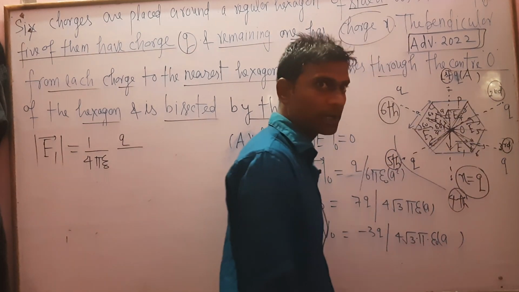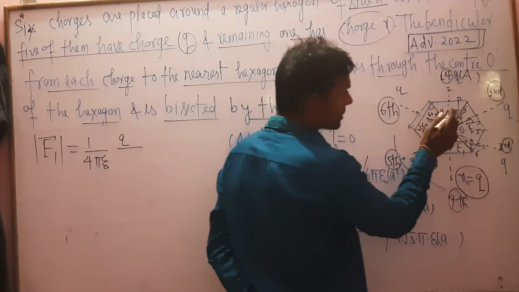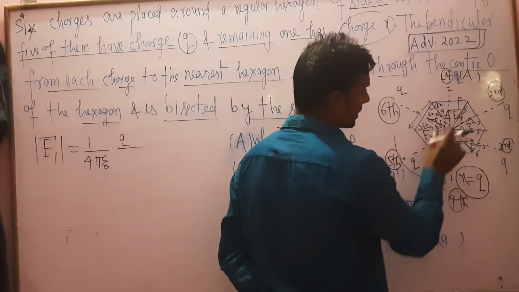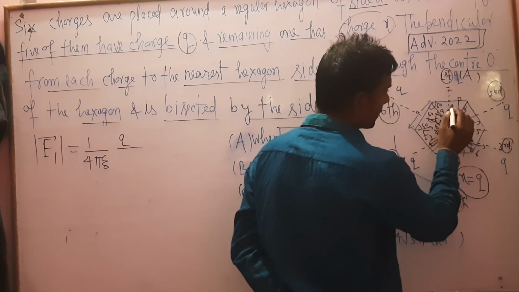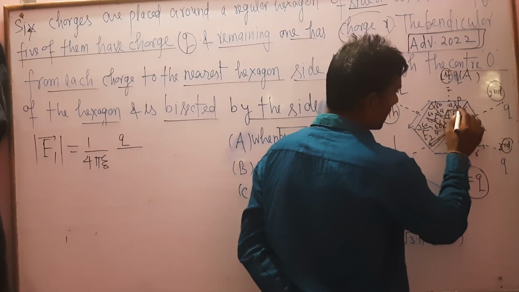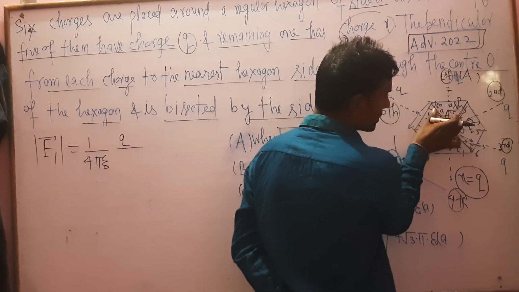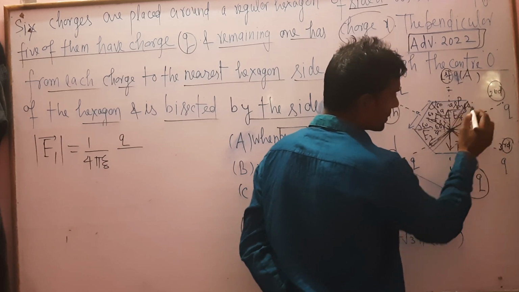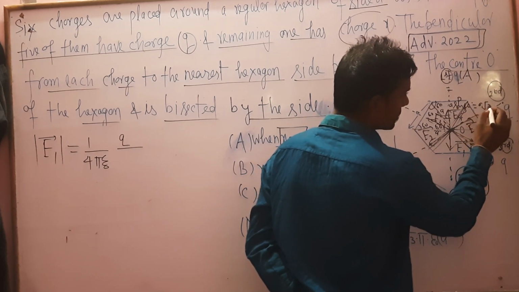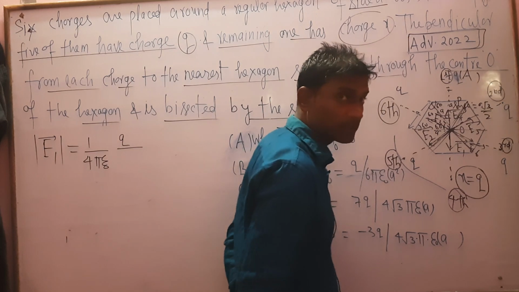There are six equilateral triangles given. So this is the distance A, this is 60 degrees. This side is A sine 60 degrees. This is A cos 60 degrees, this is A sin 60 degrees, and A sin 60 equals A into root 3 by 2.